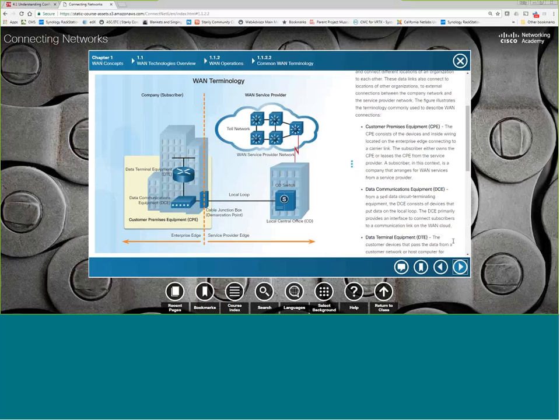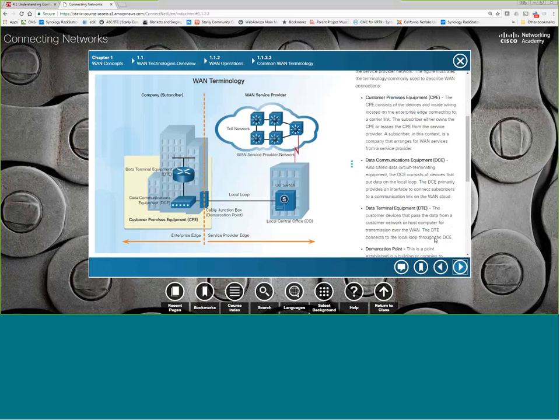Some common topology or common terminology here. CPE, customer premise equipment. That's the equipment owned by the business. You've got the data communications equipment, or DCE. That's also data circuit terminating equipment, DCE. This provides clocking.